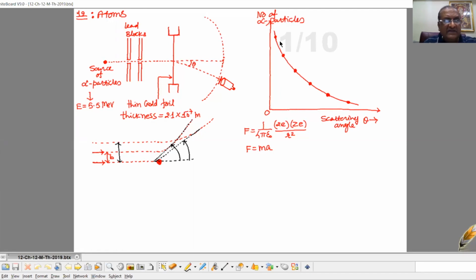And using this equation, he calculated theoretically the number of alpha particles scattered at different angle of scattering. And then after Rutherford plotted the graph of number of alpha particles versus scattering angle, right? And that graph was a smooth curve one.